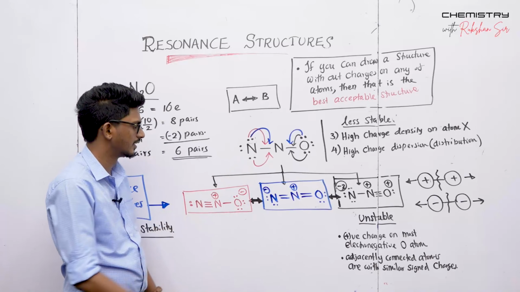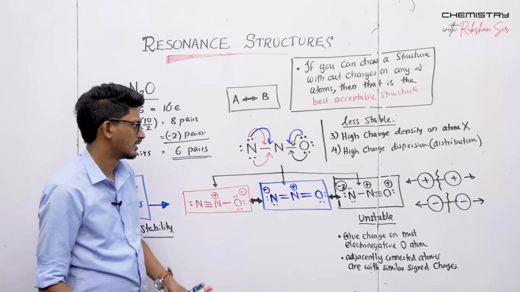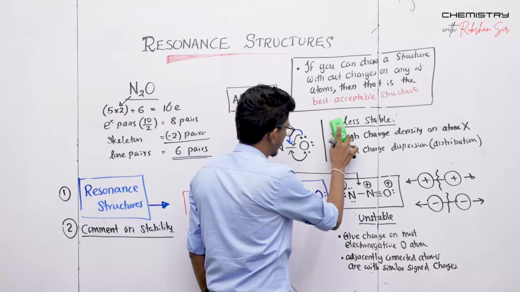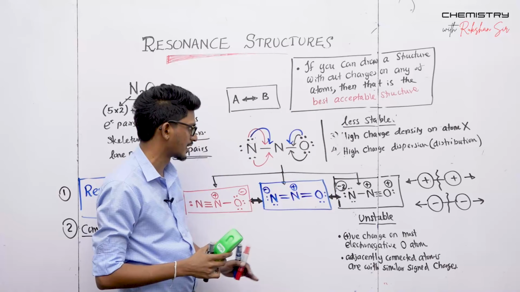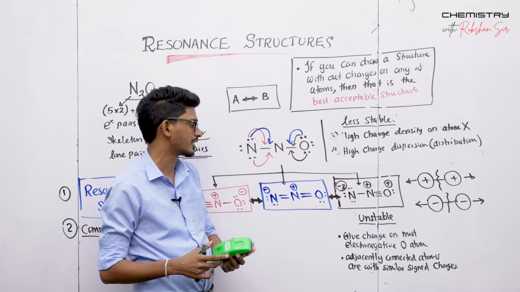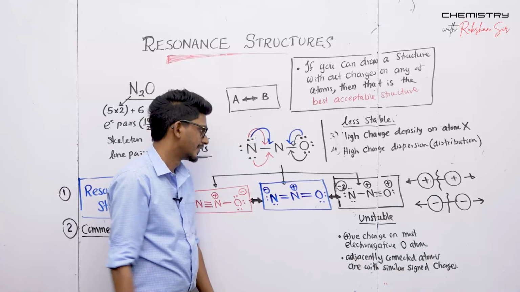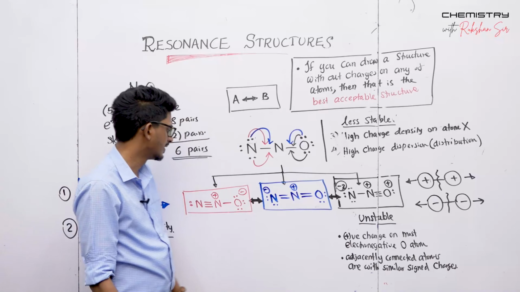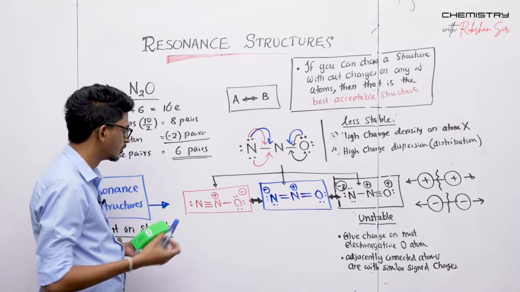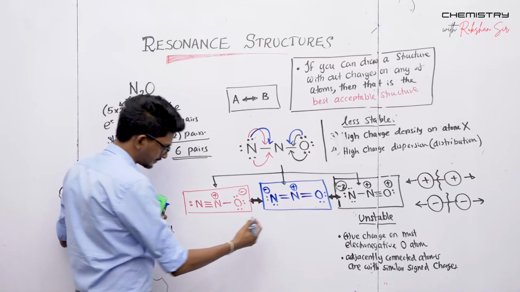These are the only three resonance structures possible. Fifth point. If these four points are not there with your structure, then we comment on those structures as stable.